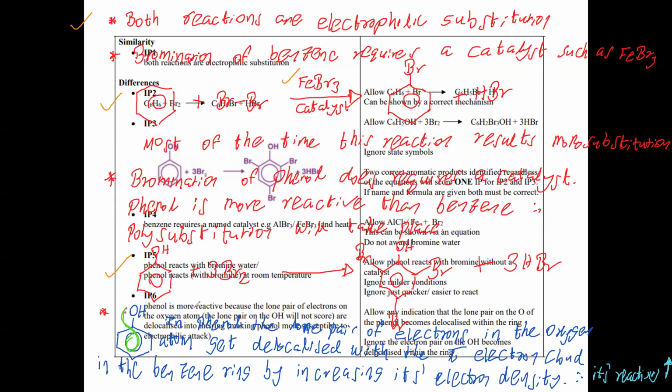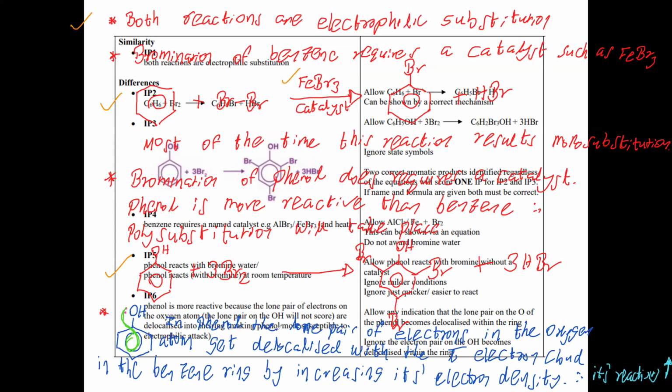Phenol is more reactive because the lone pair of electrons on the oxygen atom, the lone pair of the OH group, is delocalized into the benzene ring. So therefore, it's more susceptible to electrophilic attack. So we say delocalized into the benzene ring, making phenol susceptible to electrophilic attack. So electrophilic attack is in the bracket.